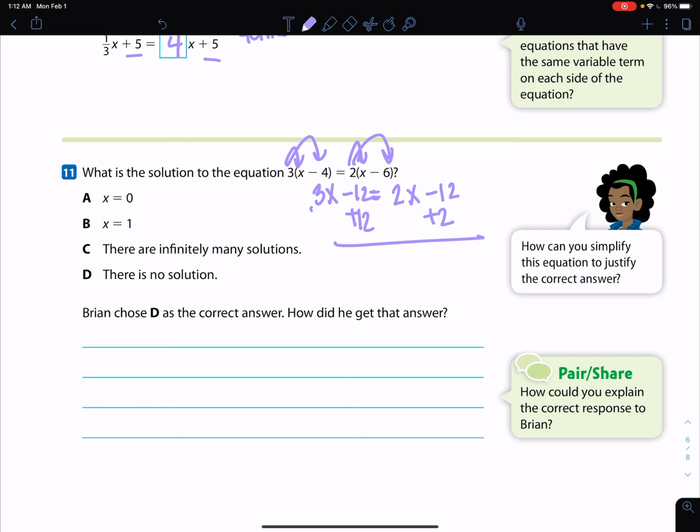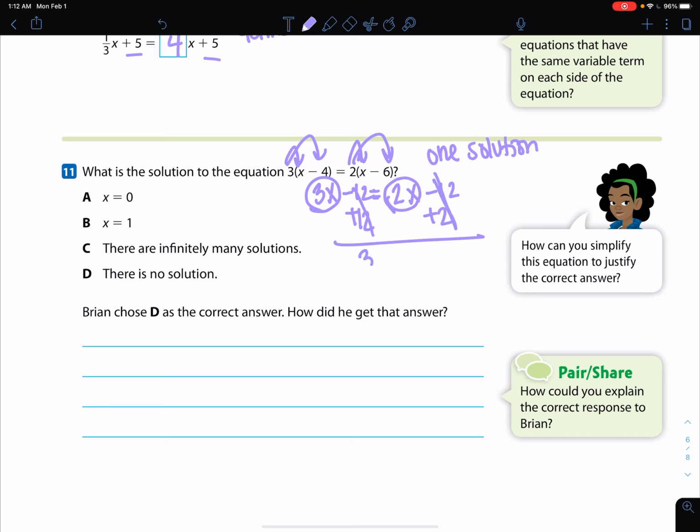Since the variable terms are not the same, it should be one solution here. So we'll have 3x equals 2x. We know it's supposed to be one solution, so it can't be infinitely many. It also can't be no solution.